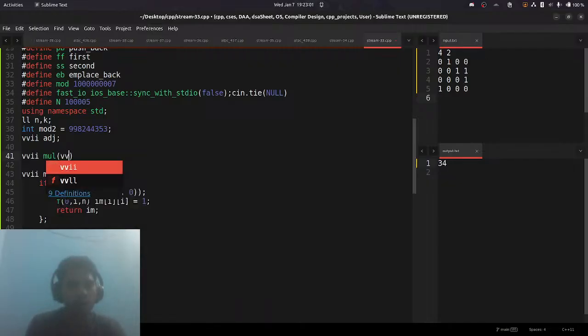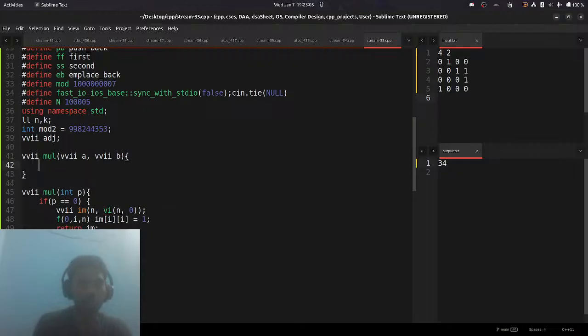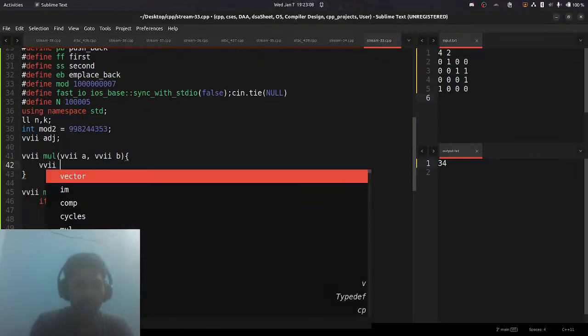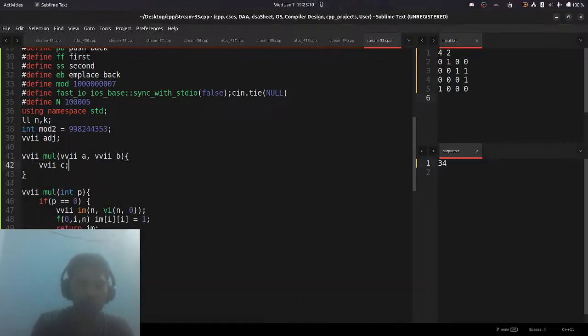So we will have one matrix, and a second matrix. We will create a new matrix C. What will the size be?